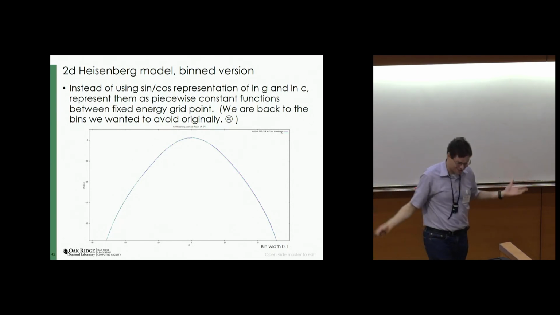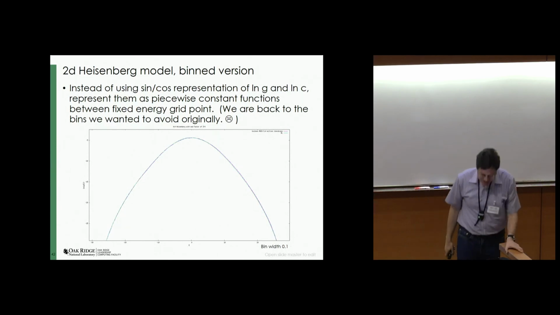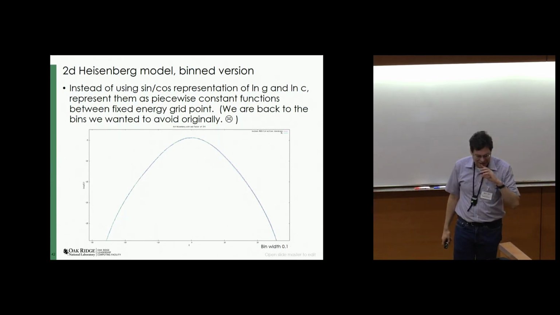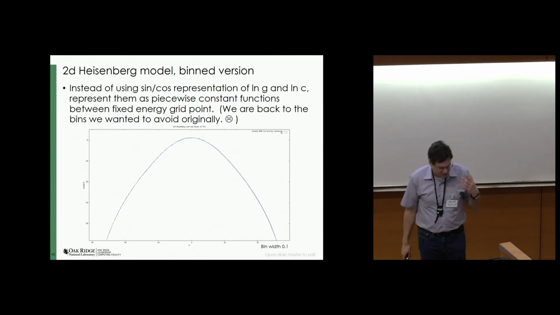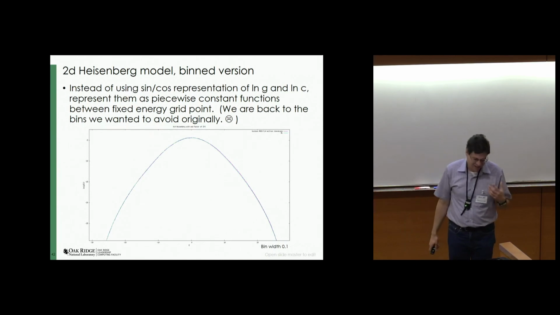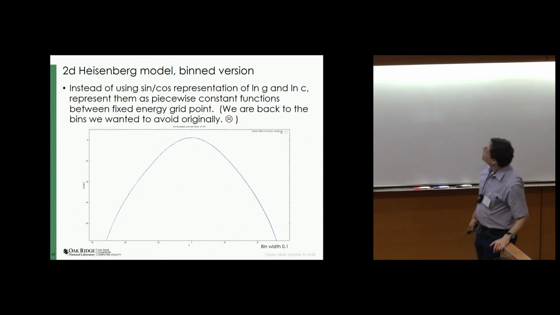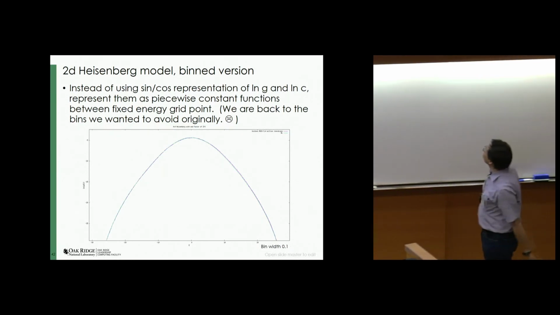Bins. I mean, we're back to where we started out essentially in terms of how we represent the functions. So even though our original motivation was to get rid of the bins, we're back there.